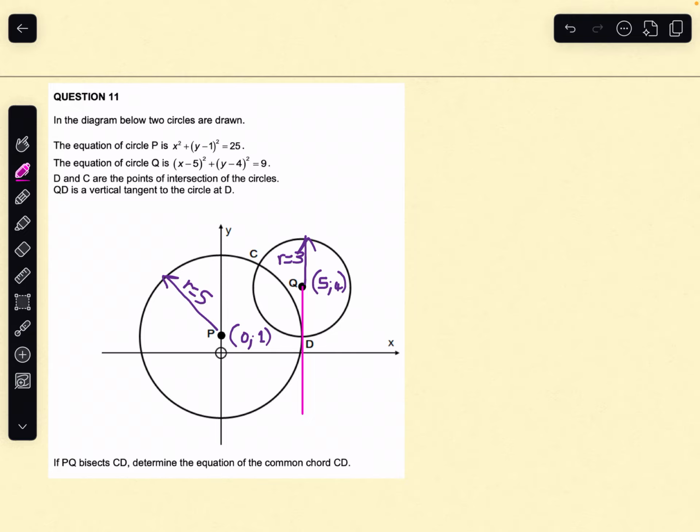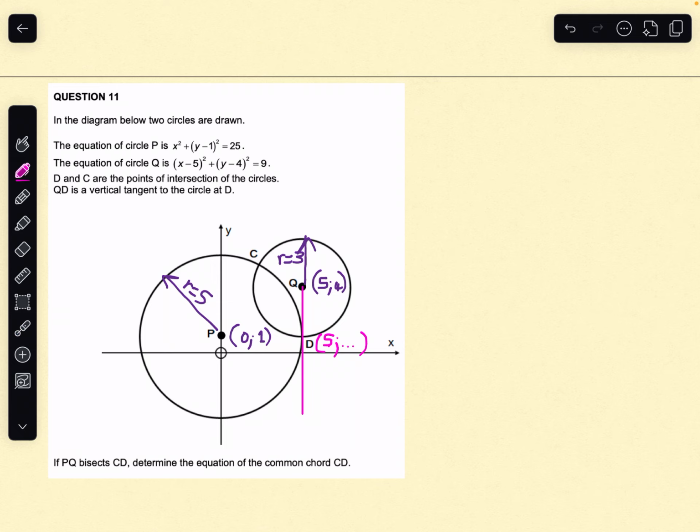Vertical tangent meaning that D's coordinates are going to be 5 and something. They have an x coordinate in common. Right. So then, last piece of information, if PQ bisects CD, determine the equation of the common chord CD.